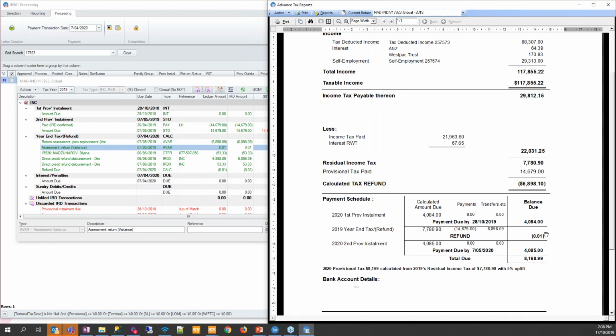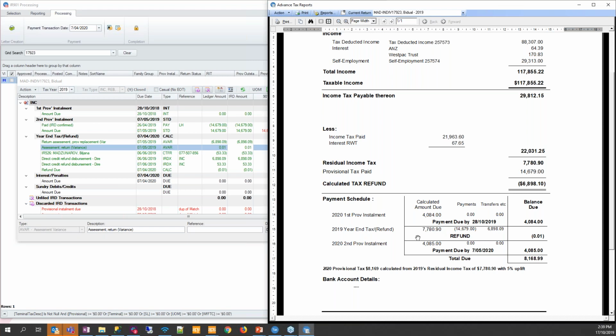Yeah. So originally on the original tax summary, it would have said refund of 689810. Instead, it is the amount due of residual income tax less any movements, whatever they are, payments, transfers, etc. So it does give a more thorough picture of the client's tax obligations throughout the year.